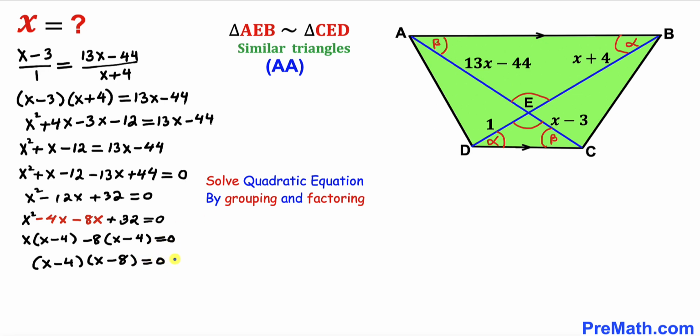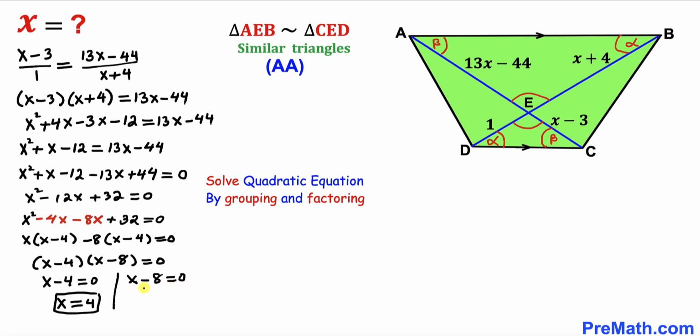We know that these two factors are equal to 0. Let me separate them. The first factor, x minus 4 equal to 0, and the other factor, x minus 8 equal to 0. For the first equation, x minus 4 equal to 0 means x equals positive 4.